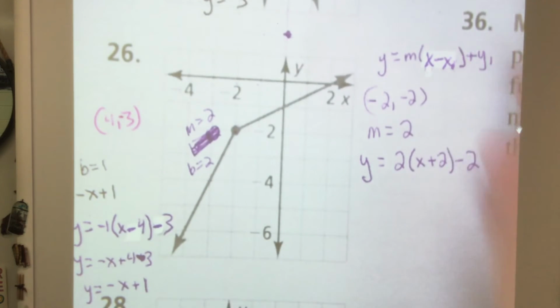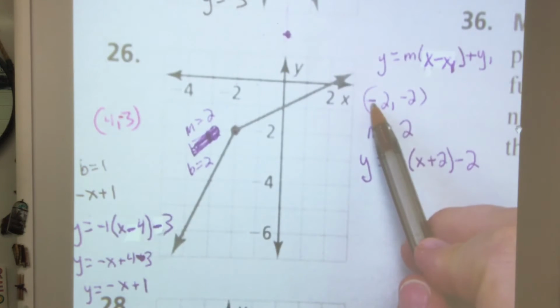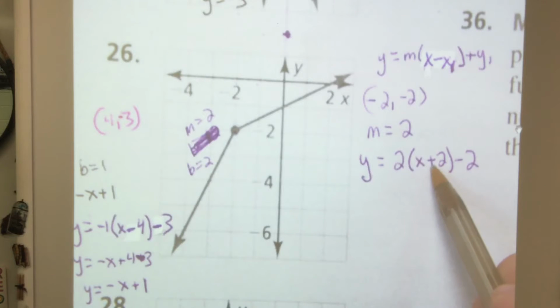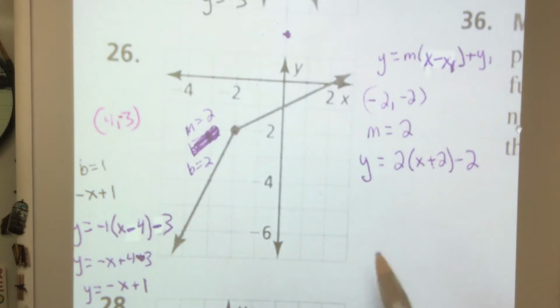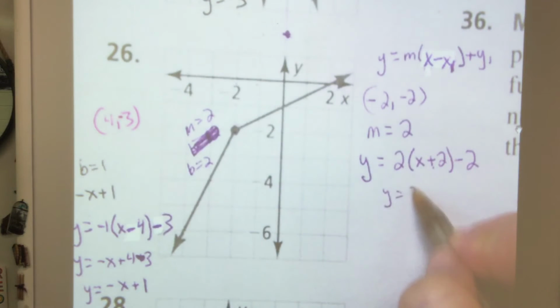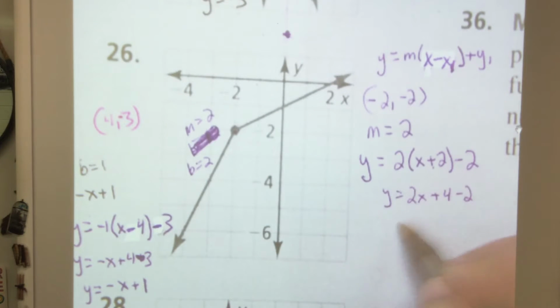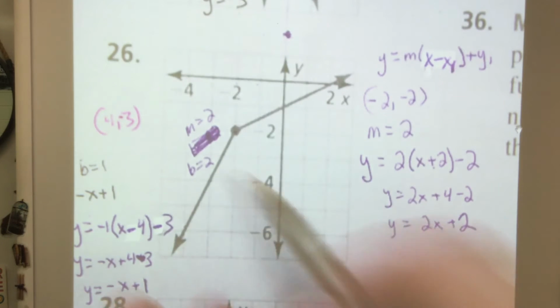Okay, so x minus x1, and because this x is a negative here, it's a minus a -2, which becomes a +2. So that's the explanation for that. I simplify this and I get y equals 2x plus 4 minus 2. So y equals 2x plus 2. There we go. So there's the first equation.